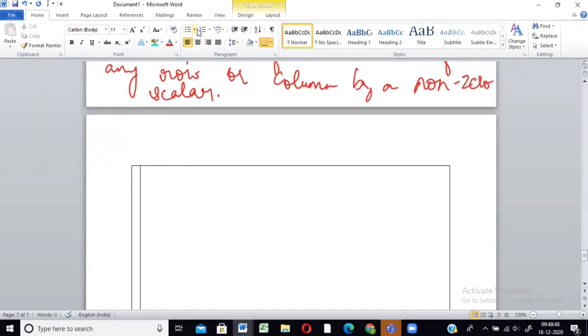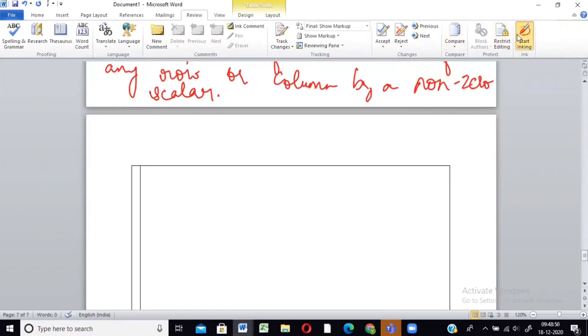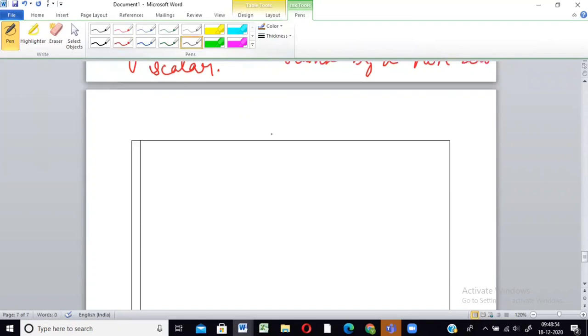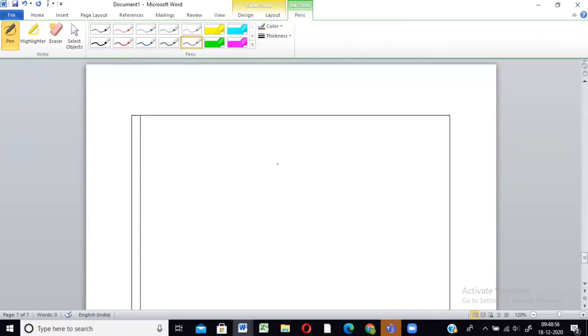Now, let us see an example. Suppose any row Ri, in general, is to be multiplied by a scalar.